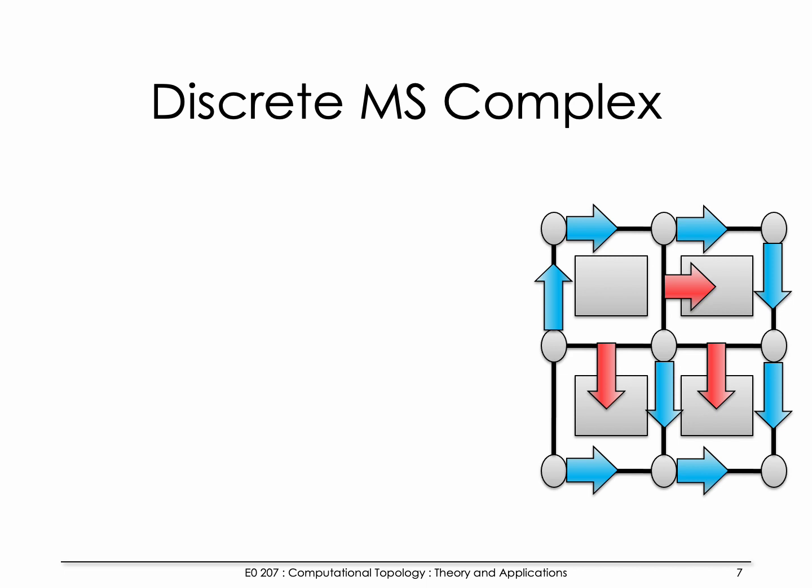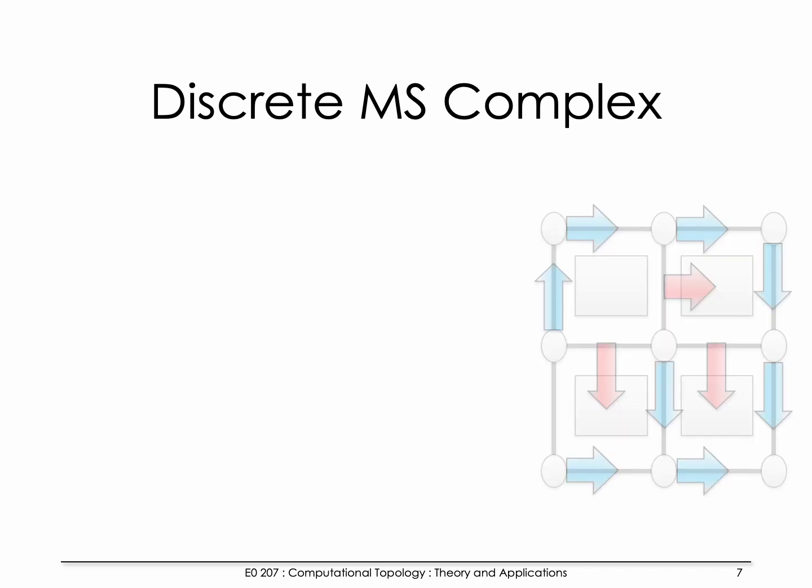A collection of V-paths that does not have any cycles is called a gradient path, such as what is shown here, and a collection of such gradient pairs forms a gradient field. Cells that are not paired in this gradient field become critical, such as the max, saddle and min shown here.